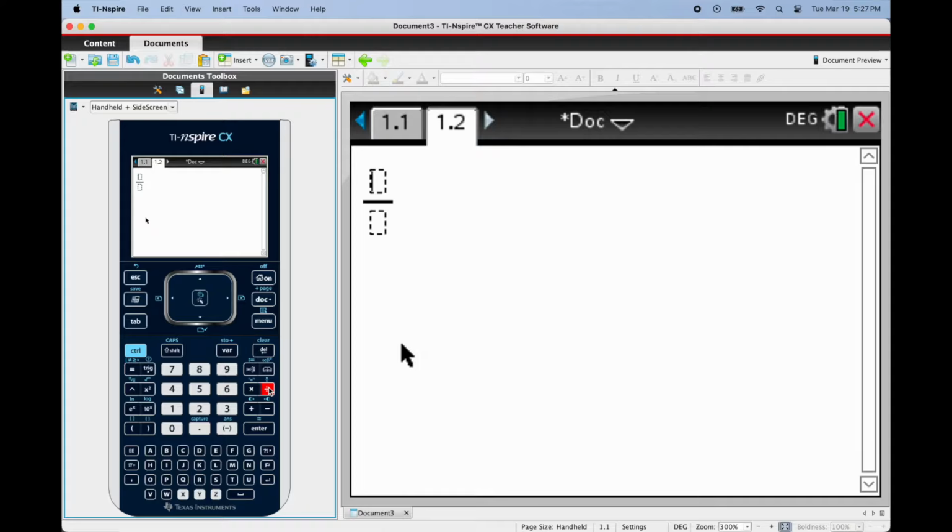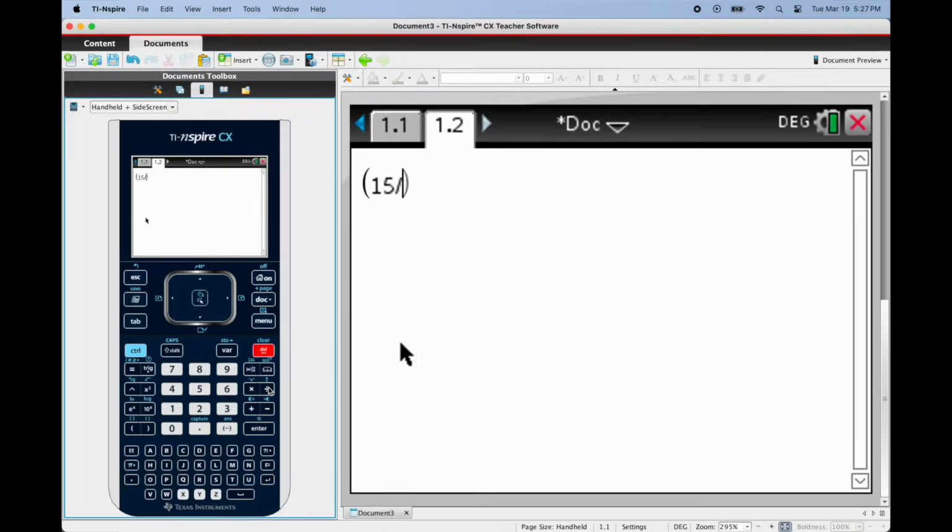Here we are. 15 over 2 times, going to need a few brackets, 2 times 10, so be careful with your brackets in this case. 2 times 10 plus 15 minus 1 times 6.